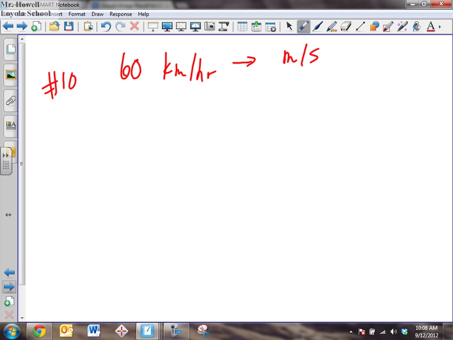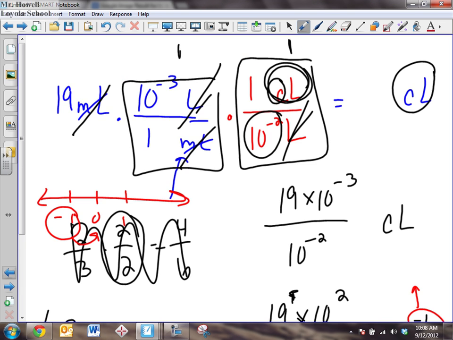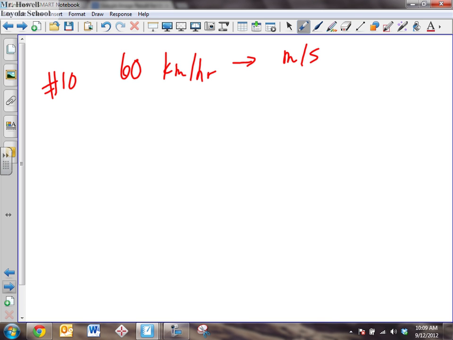How do I write 60 kilometers per hour when we're doing dimensional analysis with all these factors? How would I write it? What should it look like? Not scientific notation. I mean, how would I write it? Remember our last problem? In this last problem, we started with 19 milliliters. It looked like that. Now I have 1 unit there. But currently, I have 2 sets of units. So I'm asking, what should it look like?